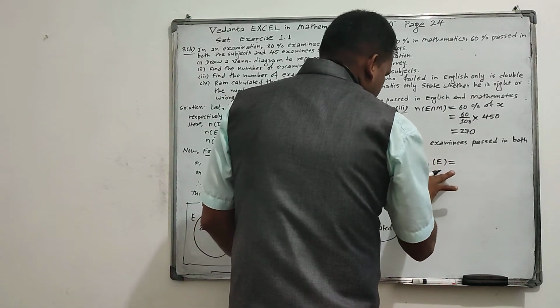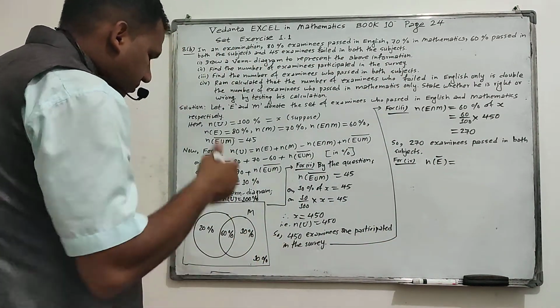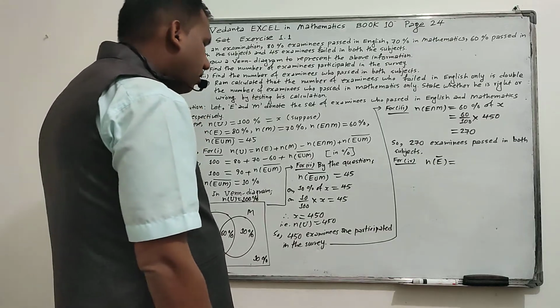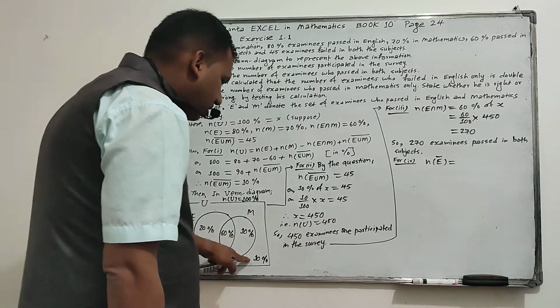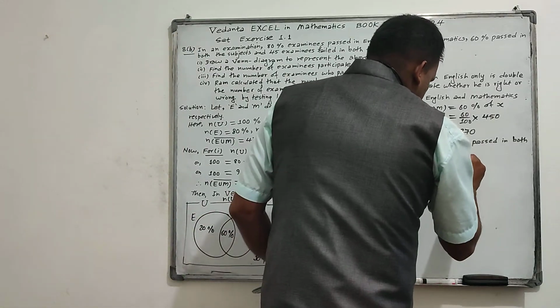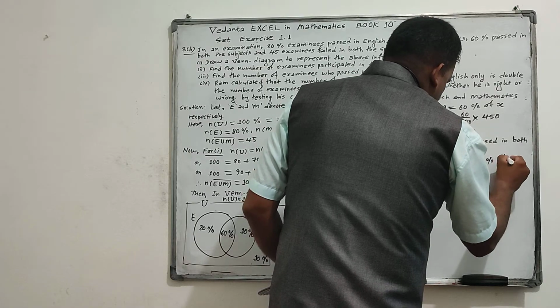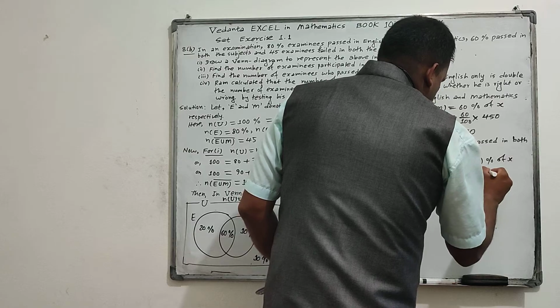So number of E complement, who failed in English only, equals, from the diagram, outside data of E, 10 plus 10, 20. So 10 plus 10%, of X equals 20% of X.